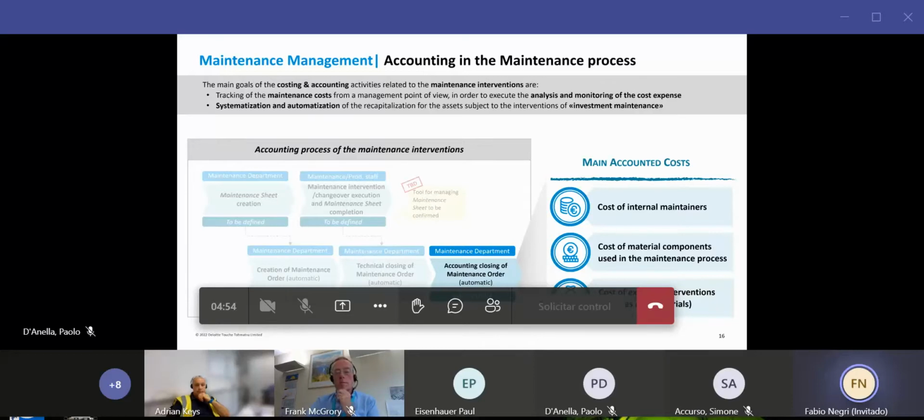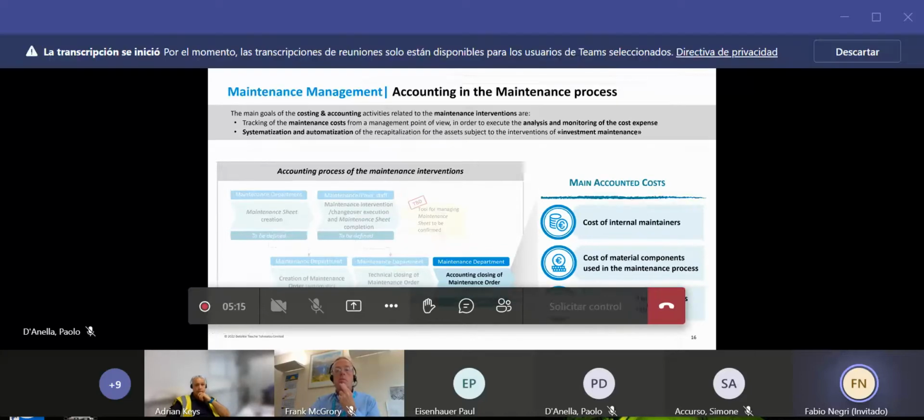which are subject to the intervention of investment maintenance. Indeed, if we have, let me say, an intervention on a machine that increases the life of the machine, for instance, we put in a new engine, we refurbish a machine in order to extend its life by 5 years, it can be subject to a recapitalization that can be taken into account in SAP. So this is the main goal. For sure, this is not for all kinds of interventions.